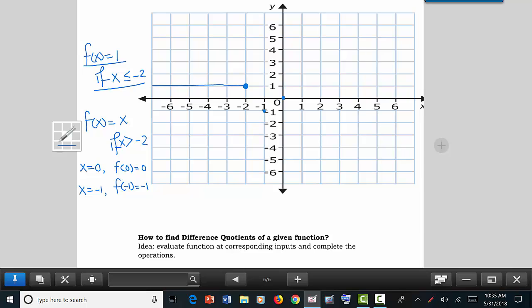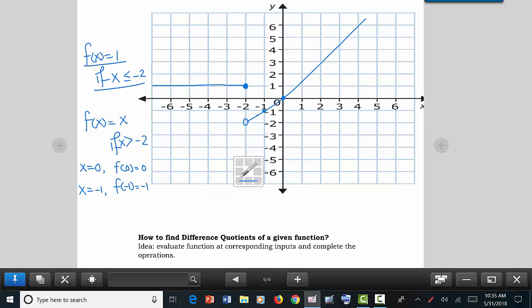Now the question is how far we have to extend. 2 points are sufficient to draw a straight line. So on the right hand part, no problem. For the left hand side, you want to be very close to -2, but not cross -2. So that's why I want to put an open circle. So that is the graph.